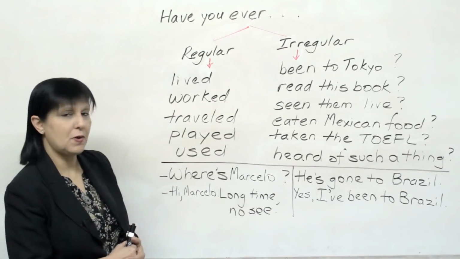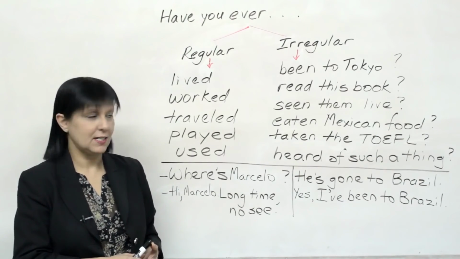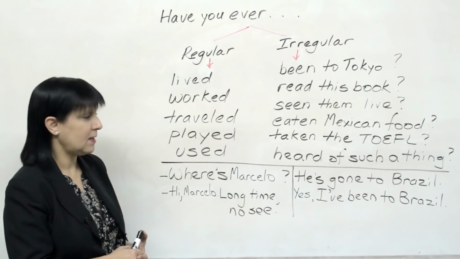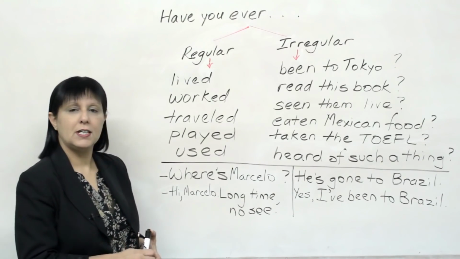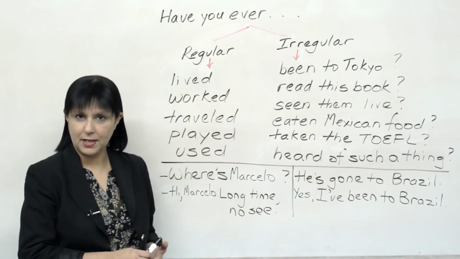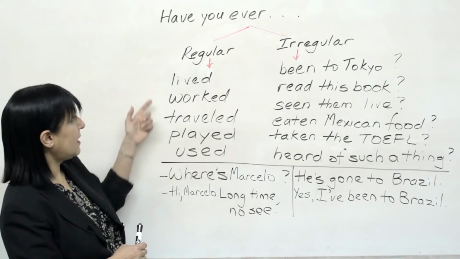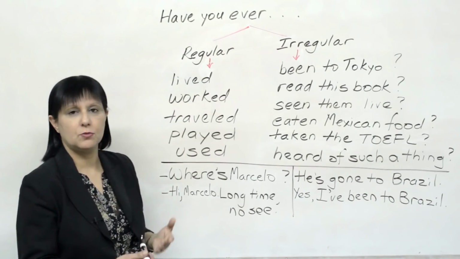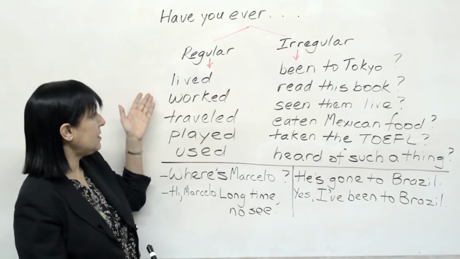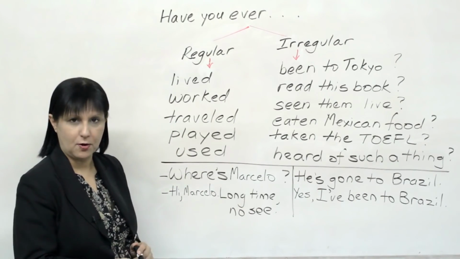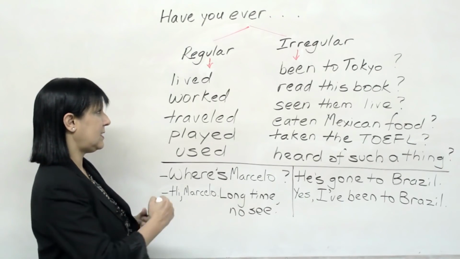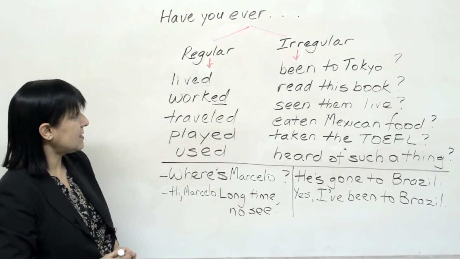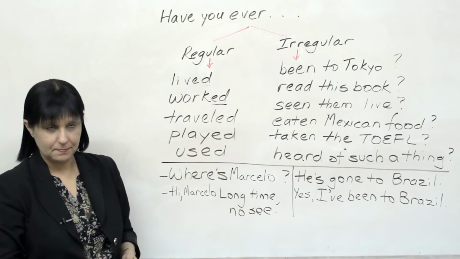Have you ever traveled to Spain? Have you ever played tennis? Or have you ever used an iPad? Okay? So you can see that we could use present perfect, and if the verb that you're using is a regular verb, then you simply use the past tense form, which is usually with D or ED. Correct? So that's usually a little bit easier.